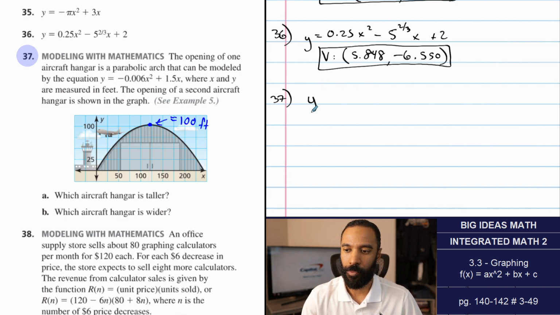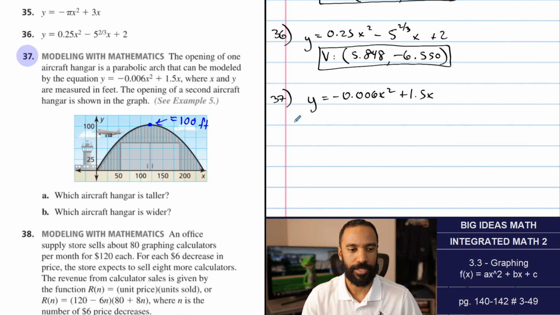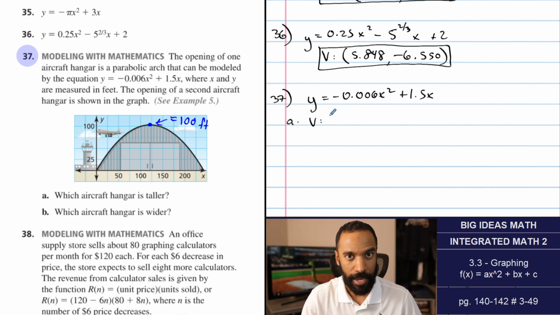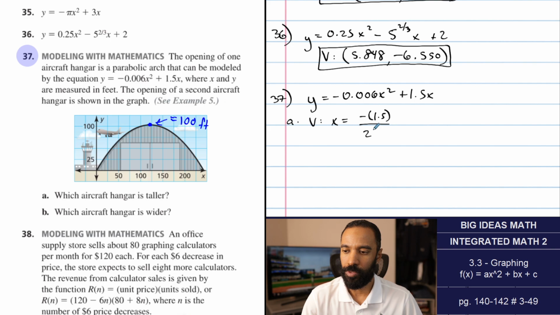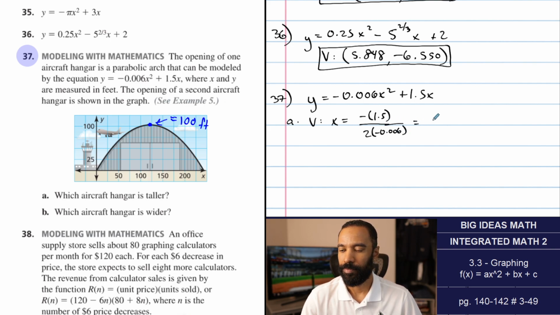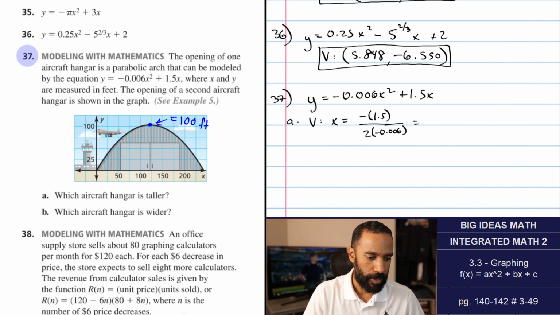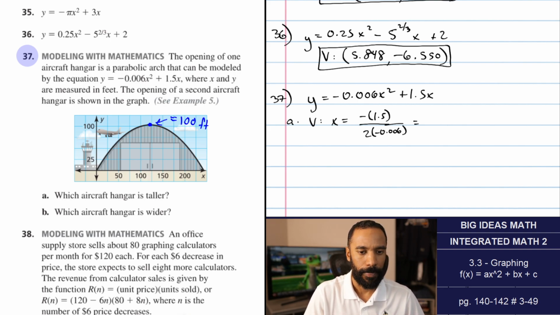So for this other one, y equals negative 0.006x squared plus 1.5x, part A, let's go ahead and find the x value of the vertex to then find the y. So the x value is negative b over 2a. I'll let the calculator do the work here, so you don't have to see it.